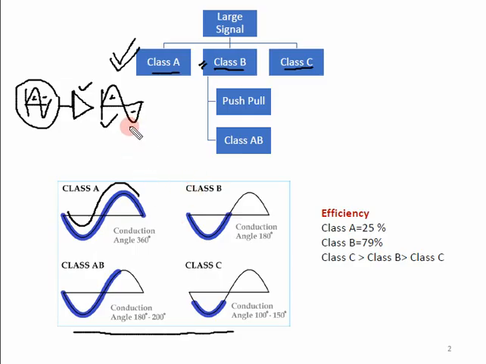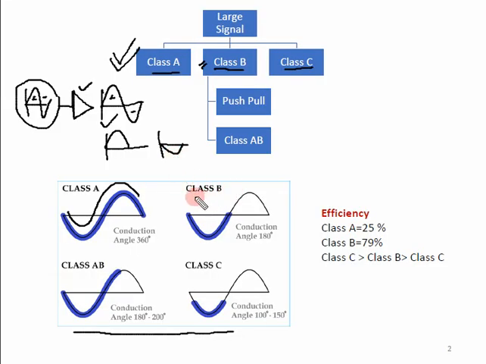Now if this amplifier operates on either the positive half cycle or the negative half cycle, depending upon the properties of the amplifier, we call this a class B amplifier.